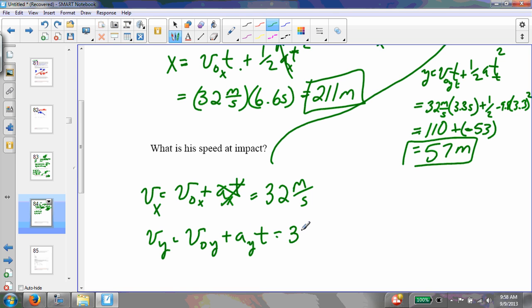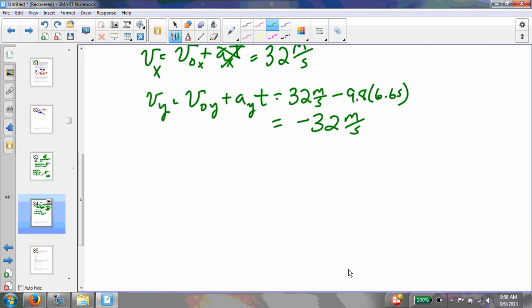If you put in these values, that is 32 meters per second minus 9.8 times 6.6 seconds, then you'll find that this is also equal to negative 32 meters per second, because it's going to have the same y velocity as it had when it first took off. So his speed at impact is just going to be 100 miles an hour. So his V final, his speed, that's the magnitude of this vector, is going to be 100 miles an hour, or 45 meters per second. That's assuming, of course, no air resistance.